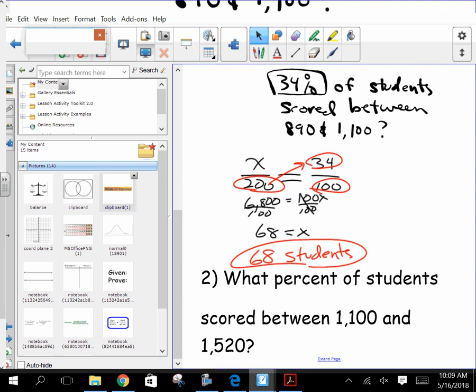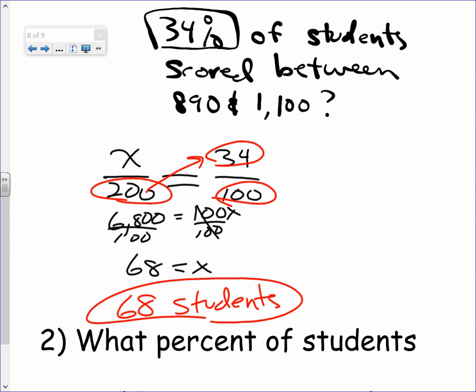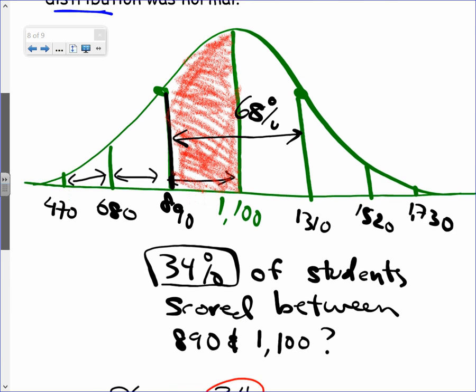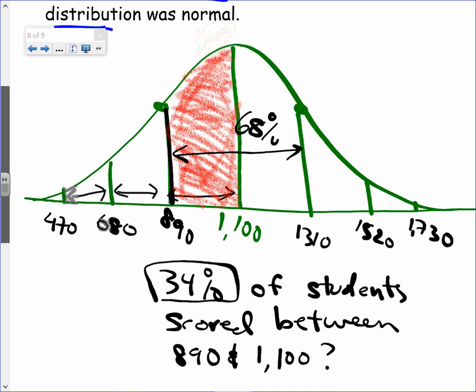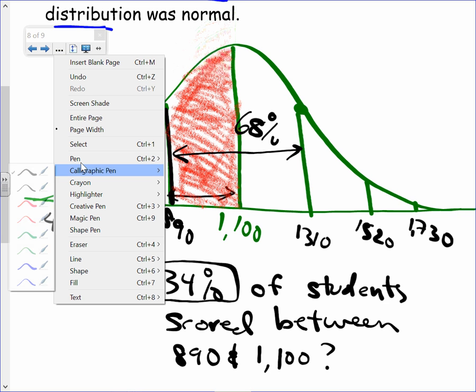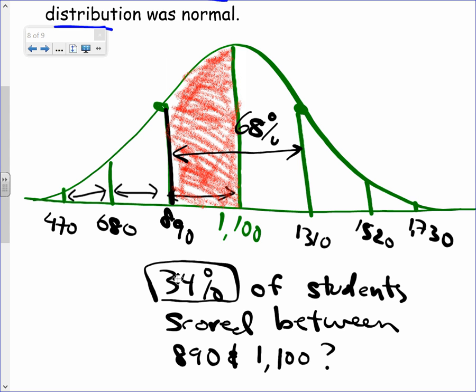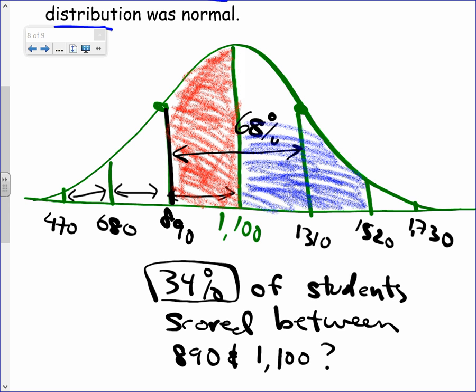Okay, so let's see here. So the question is now, let me color in the graph here in blue. This area, between 1,100 and 1,520, what percent is this going to be, is the question.